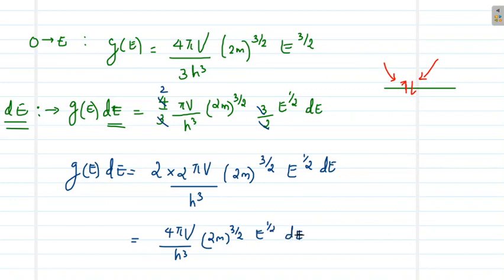Now if we calculate the density of states per unit volume, we need to divide this by V, right? So this is the density of states over the whole volume. And if we consider the density of states in a unit volume, then that will be g dash of E dE equal to 4 pi by h cube into 2m whole raised to 3 by 2 into E raised to 1 by 2 dE.